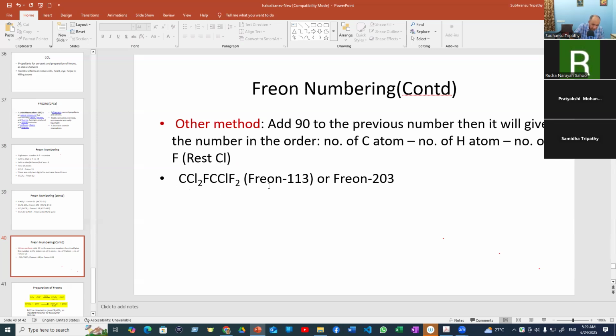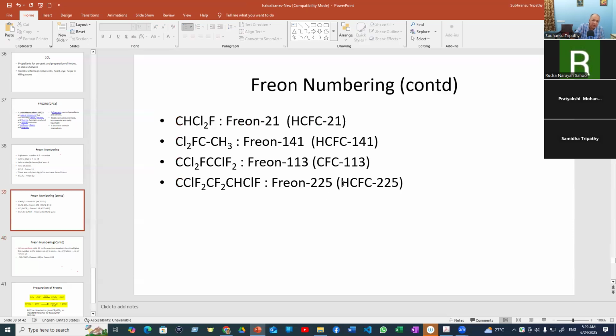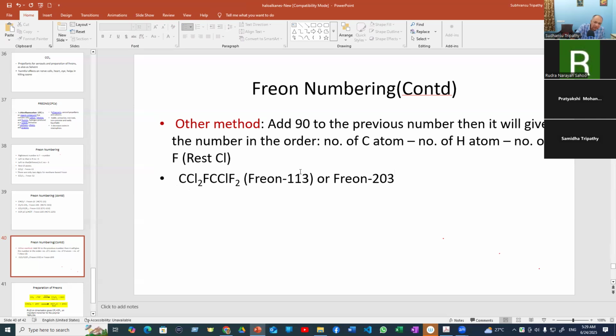For example, Freon 113, you add 90, it will be 203. That means 2 will be the number of carbon atoms, then 0 will be the number of hydrogen atoms, then the third one is the number of fluorine atoms. And the rest you can calculate, how many chlorine atoms would be there. So this is another way, but it's not required. Once you get this, you know the number of carbon atoms, everything.